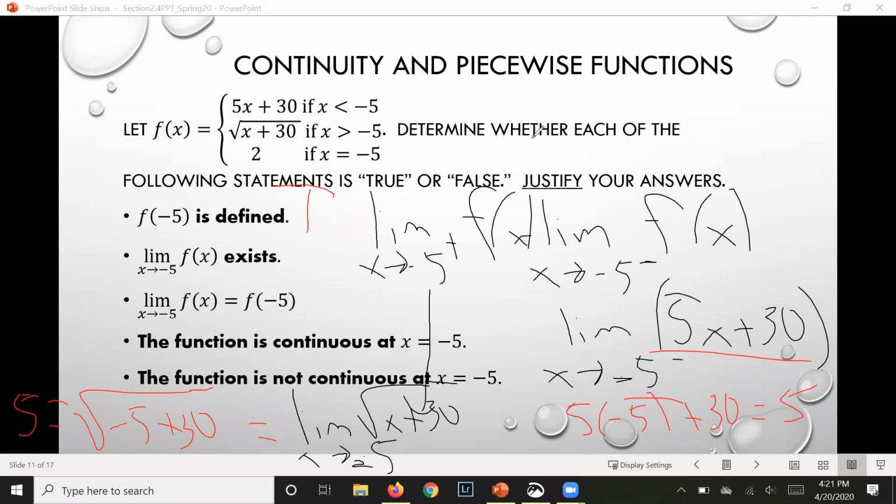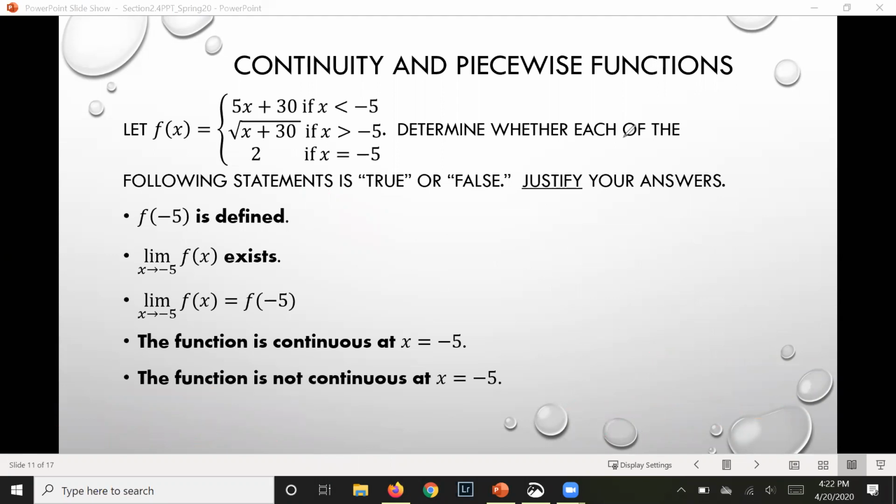Okay. So notice for both limits, we got the same thing, right? From both the left-hand side and the right-hand side, we got that the limit was equal to 5. So because they're the same from each side, then we know that the limit exists there, right? So I'm going to say, again, this one was true. This one's also true. All right, now, third piece. Does the limit as x approaches negative 5 of f of x equal f of negative 5?